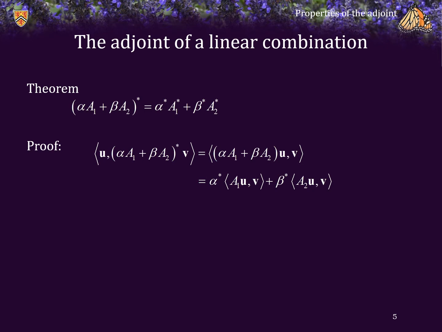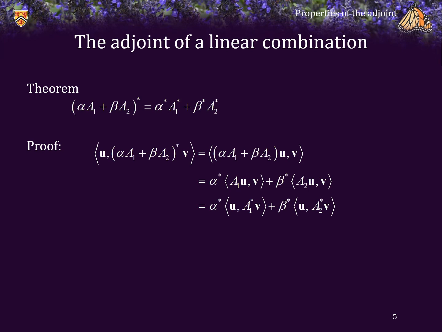But the inner product is conjugate linear in the first argument, and therefore we can take out the conjugates of the scalars. Now we can bring the adjoint back to the other side of the inner product.